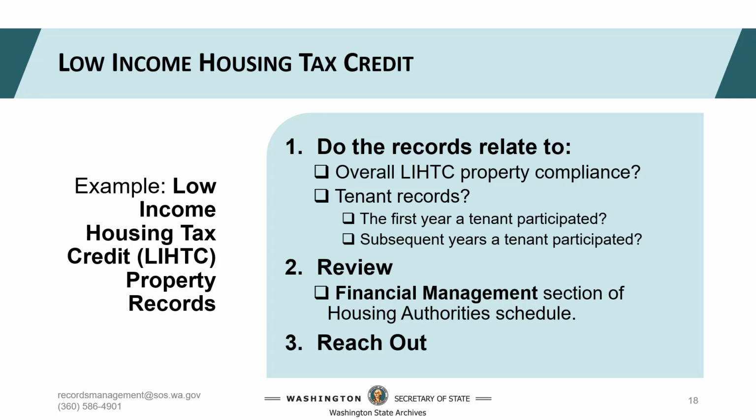Browse the subject index at the back of the schedule and you'll find each of the pages where LIHTC is referenced. Given the specific nature of these records, there will be fewer record series to question. If your LIHTC record isn't well represented by a pre-existing record series, reach out for clarity.